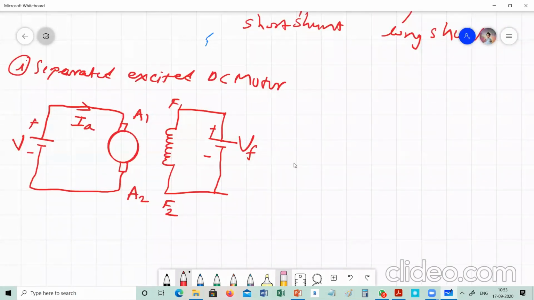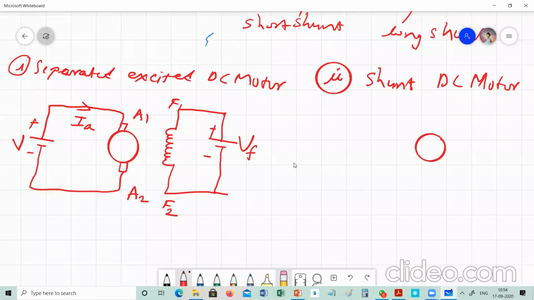Please use the same symbols. Second is the shunt DC motor. Its armature and field winding are supplied with the same source.